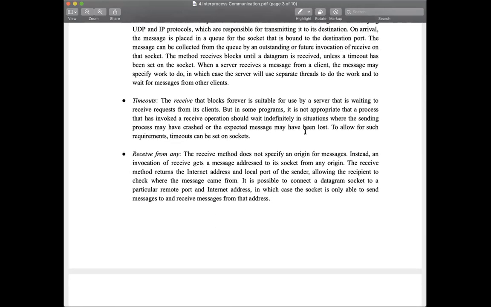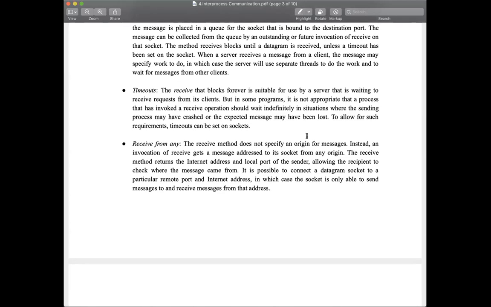And here we have timeouts, right? Timeouts mean that since we don't have any pre-configured connection between the sender and the receiver, sometimes packets may get lost over the network.